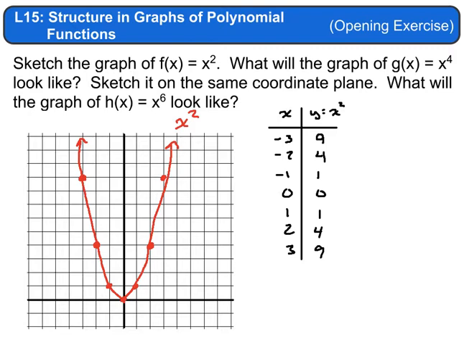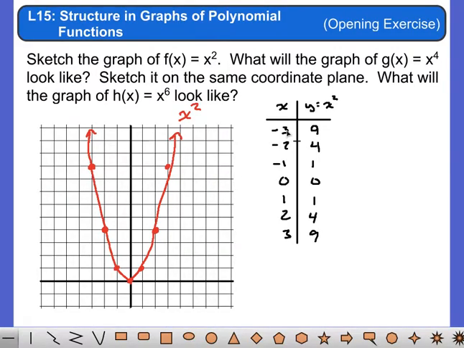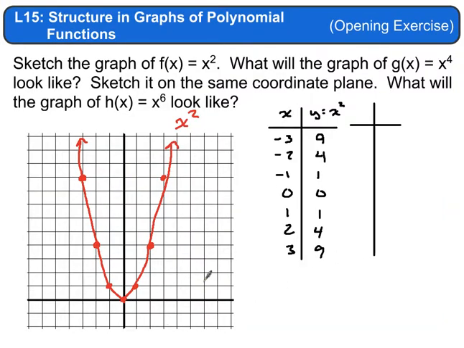So we'll compare it and do the same thing. We can do another table, and we can do that for x to the fourth power. So x and then y equals x to the fourth.